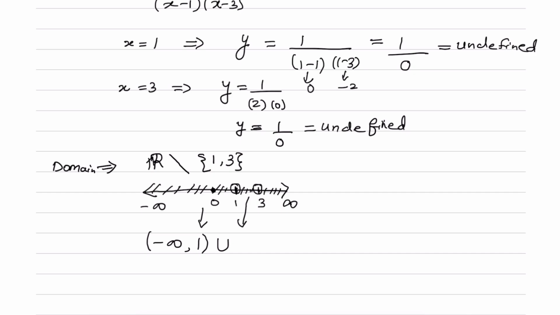This part is in between 1 and 3, all numbers in between 1 and 3, with open brackets because they are not included. Union, and then the next part, starting from 3 all the way to infinity, meaning all the numbers in between 3 and infinity. So that's the domain of the function y is equal to 1 over (x minus 1)(x minus 3).